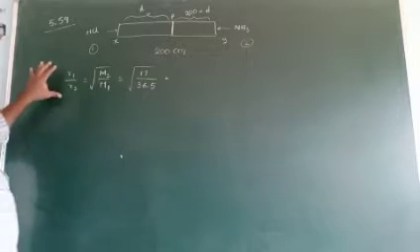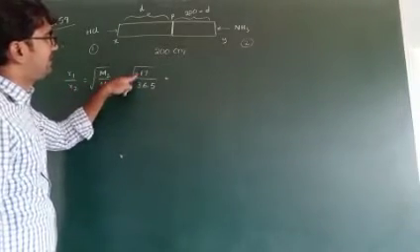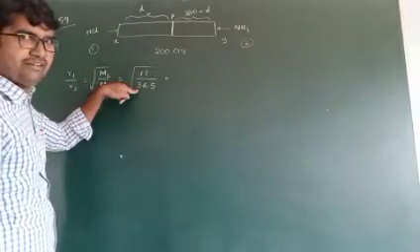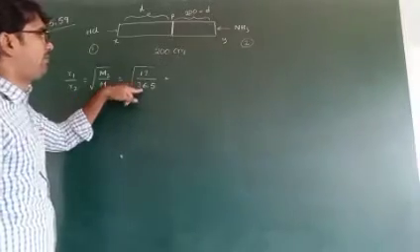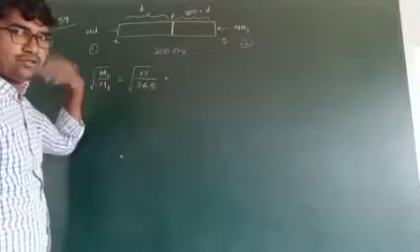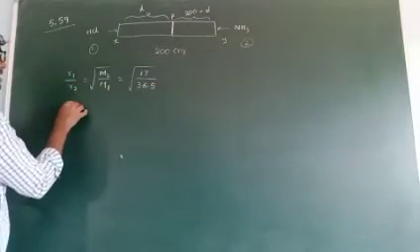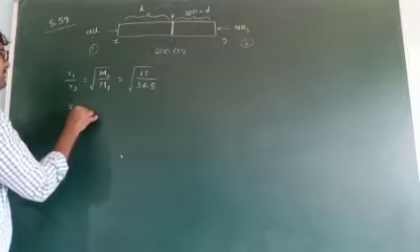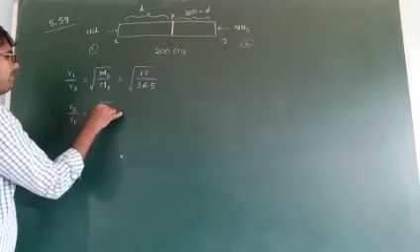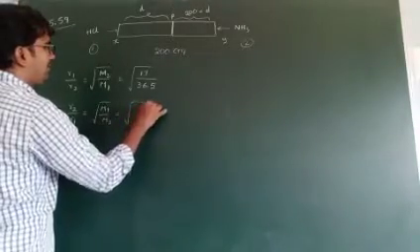I think this is very difficult because 17 by 36.5 is approximately 1 by 2 point something. So it is better to write in the reverse manner, which is easiest for us. R2 by R1 equals root over M1 by M2, that is 36.5 by 17.